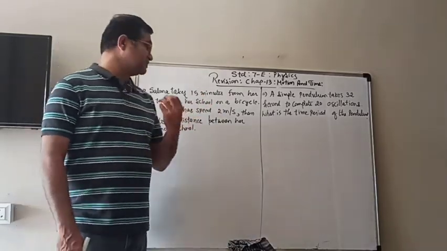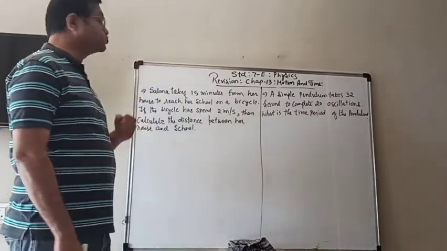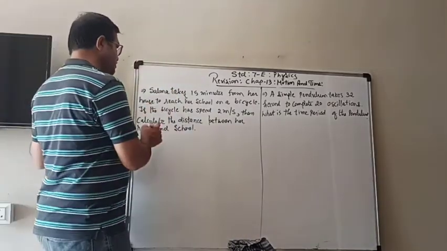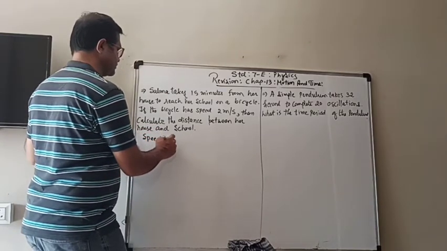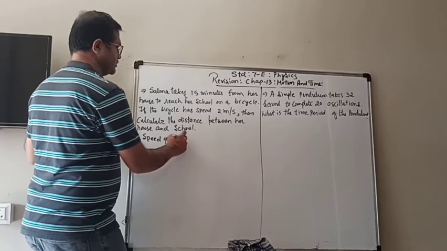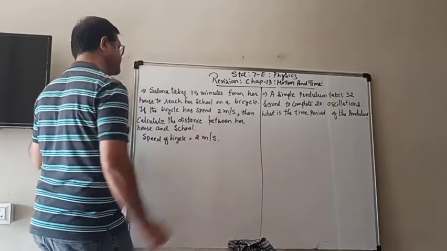We have to calculate the distance between her house and school. So here speed is given, that is 2 meters per second.